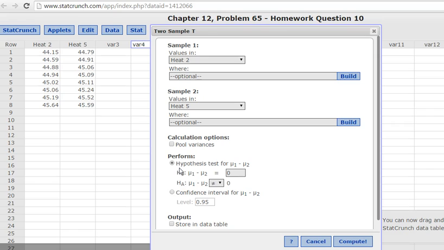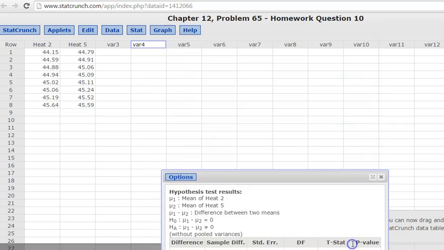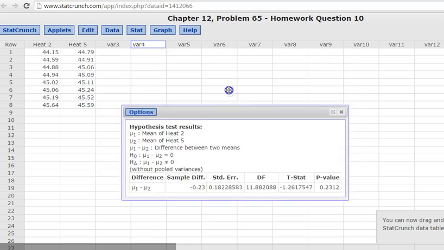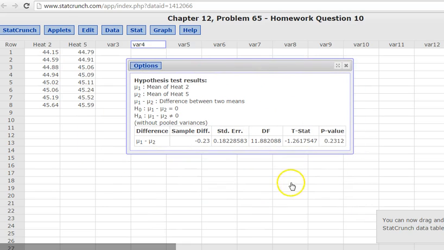That is already checked. Under the null hypothesis, the difference between the two means is equal to 0. That we'll leave alone. Under the alternative hypothesis, the difference between the two means does not equal 0. I'm going to leave that alone, and I'm going to select Compute.